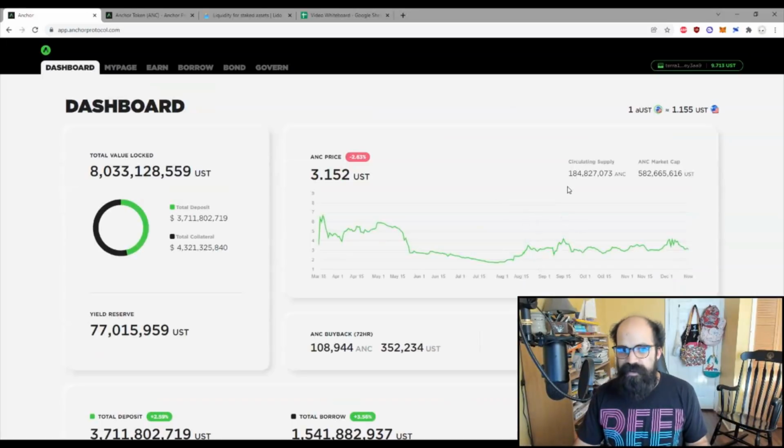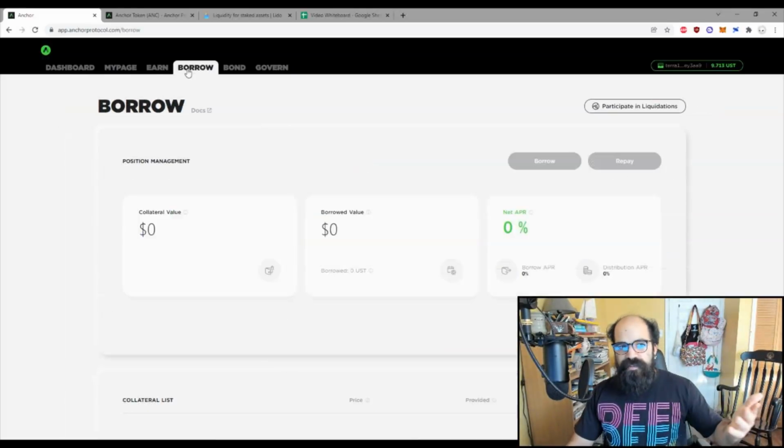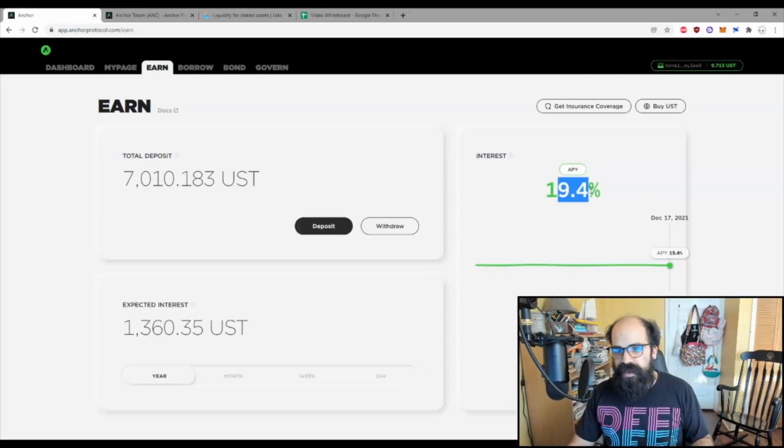And I say that very delicately because I myself love the Terra Luna ecosystem. So I never want to say anything that comes off as bearish or FUD about any of these chains or protocols. I just want to say, here are the numbers. Understand that this number may not be permanent and may need to adjust in order to be sustainable.